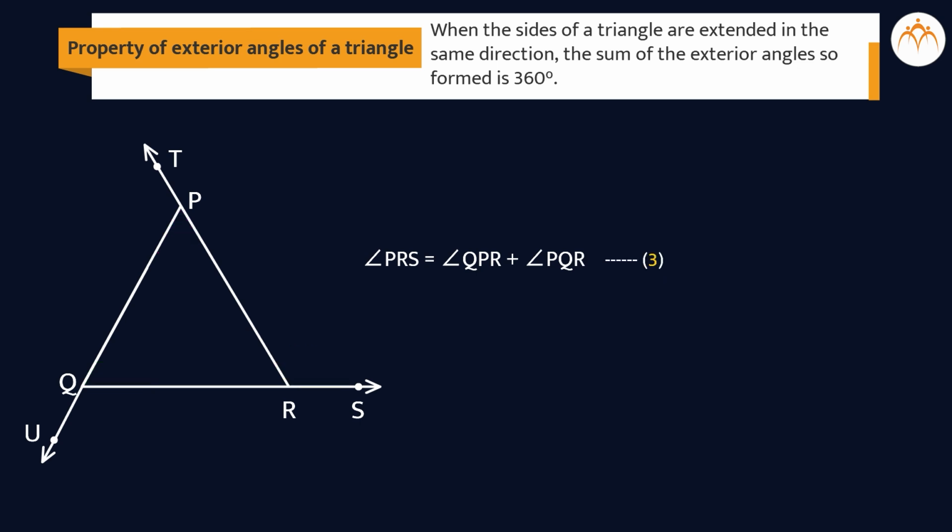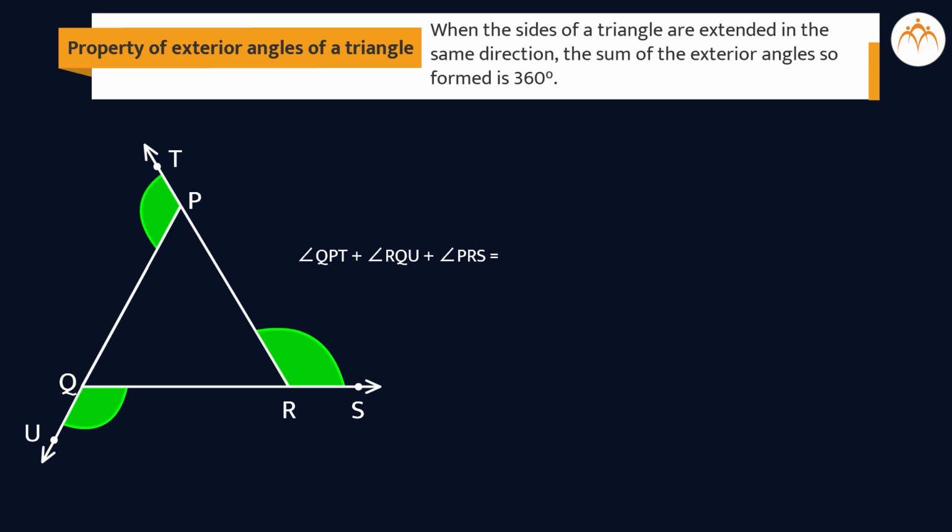Statement 3. Adding both the sides of equations 1, 2 and 3, we get measure of angle QPT plus measure of angle RQU plus measure of angle PRS is equal to measure of angle PQR plus measure of angle PRQ plus measure of angle QPR plus measure of angle PRQ plus measure of angle QPR plus measure of angle PQR.